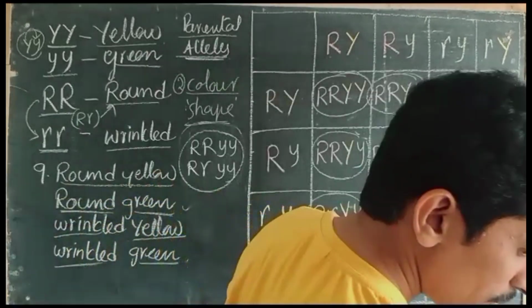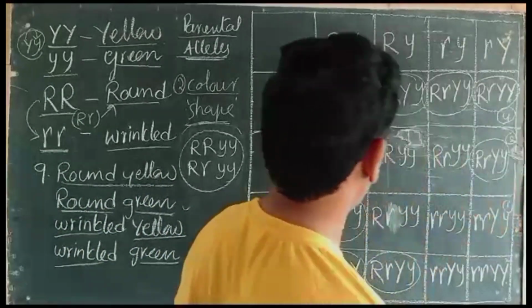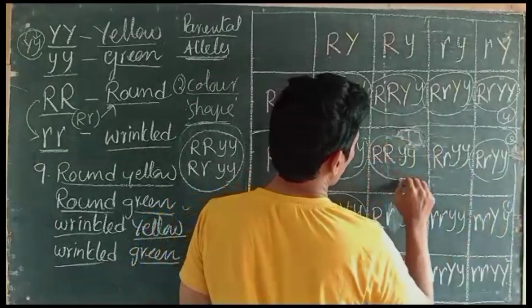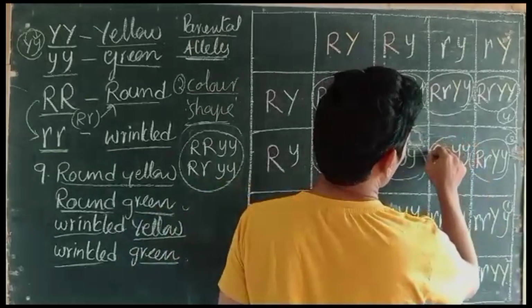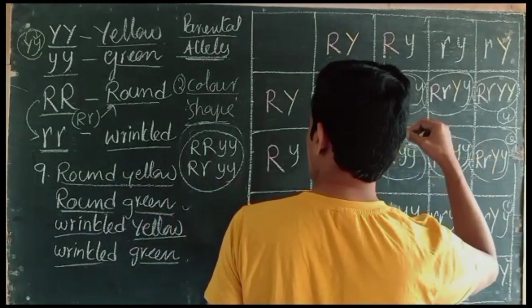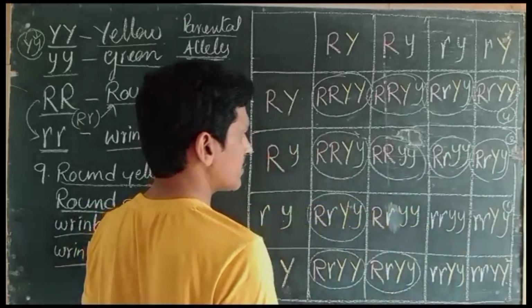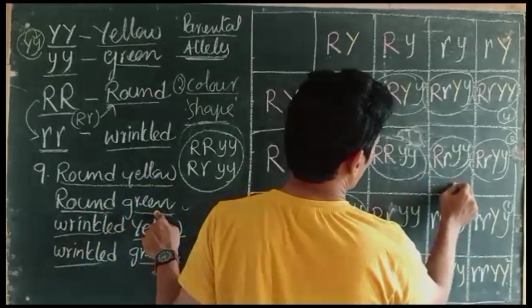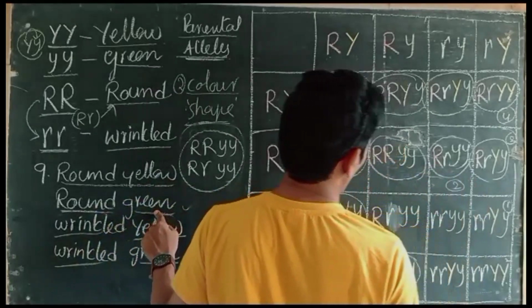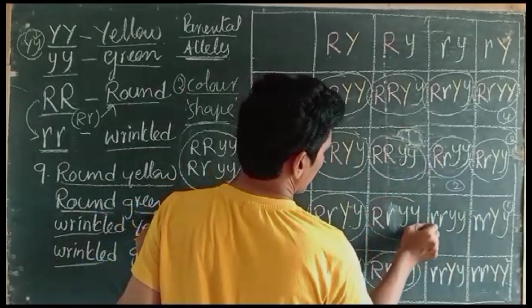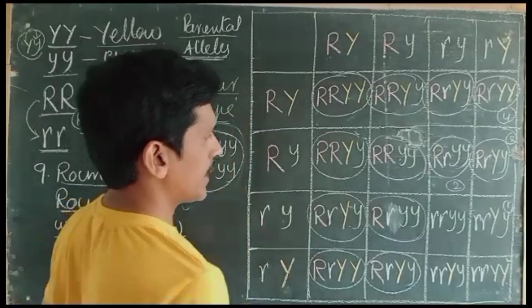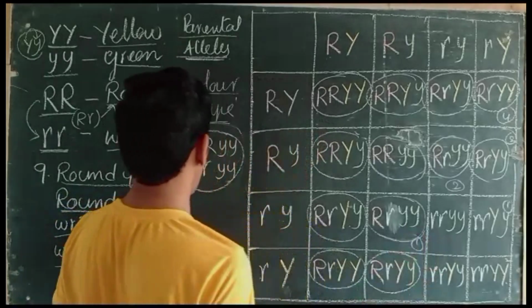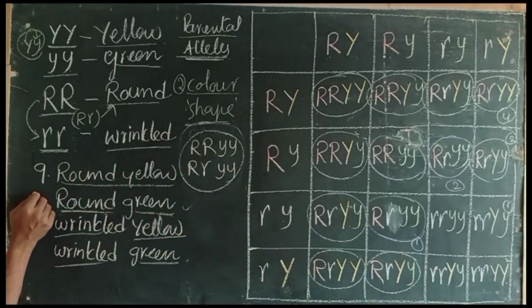Capital R, small y, small y. Here it is a 1. Right? Here also round and green. Two factors we got. Round and green. This also be the next one. How many we got? 3. So round and green we got 3.